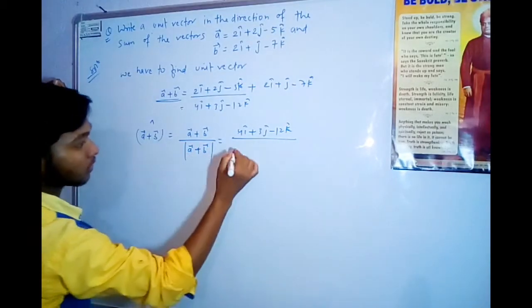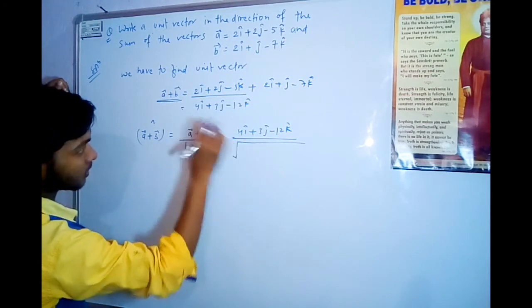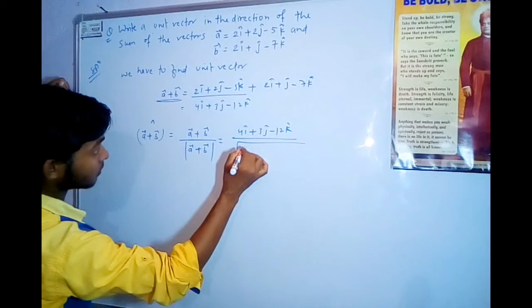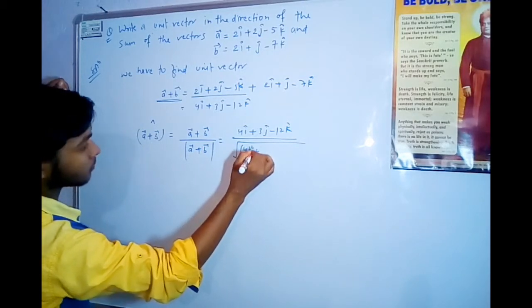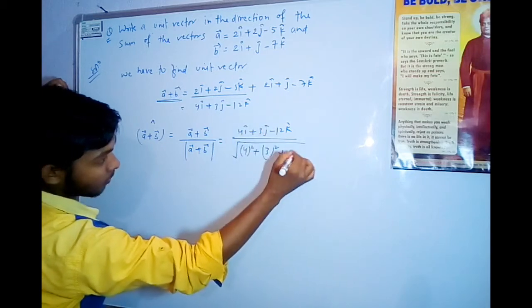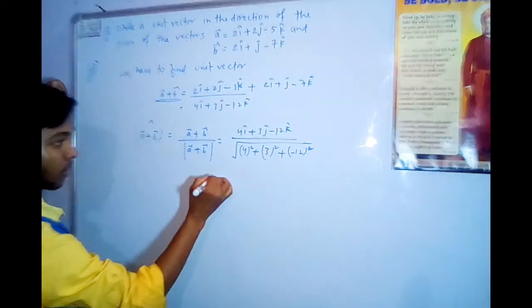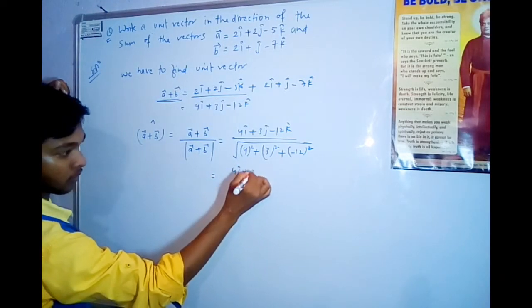So how to find the magnitude? 4 squared, that is the x coordinate, 3 squared, that is the y coordinate, and minus 12 squared, that is for z.